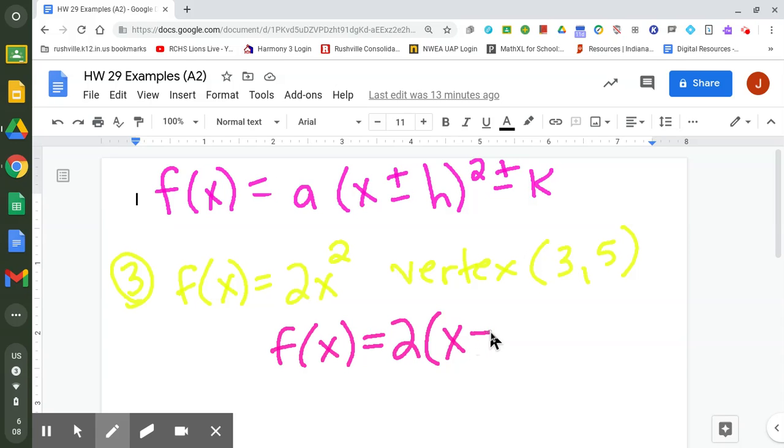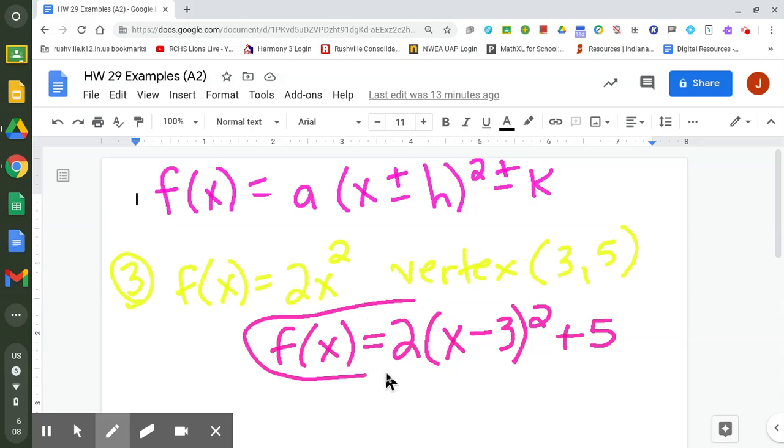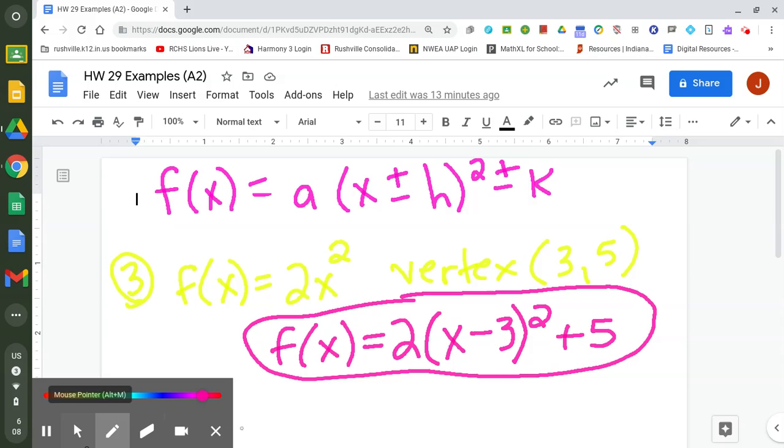So this would be x minus 3, parenthesis, squared. And then my k is +5. So this is what would be entered on the answer blank and into MathXL. And I think f of x is already in MathXL, so you would probably just have to start with the 2. But again, the 2 is the shape, and the -3 comes from that +3 on the vertex and the +5.